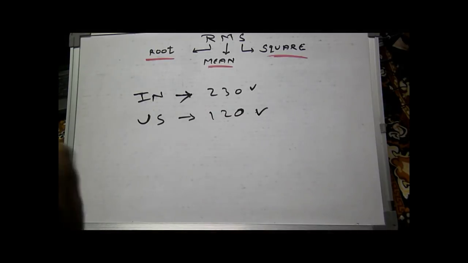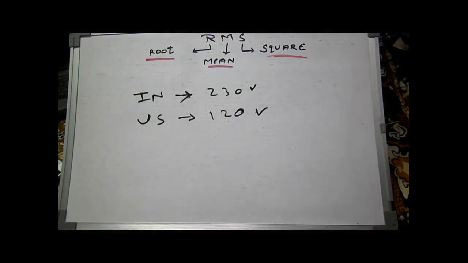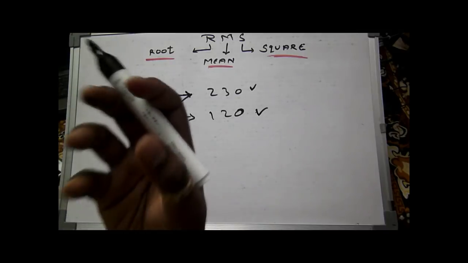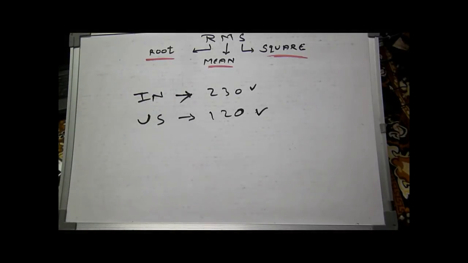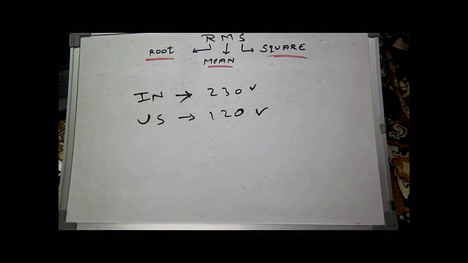Friends, many of you might have a doubt: in India it is 230 volt Vrms, in the USA it is 120 volt Vrms. Then how will electronic appliances work if we exchange products between the two countries?